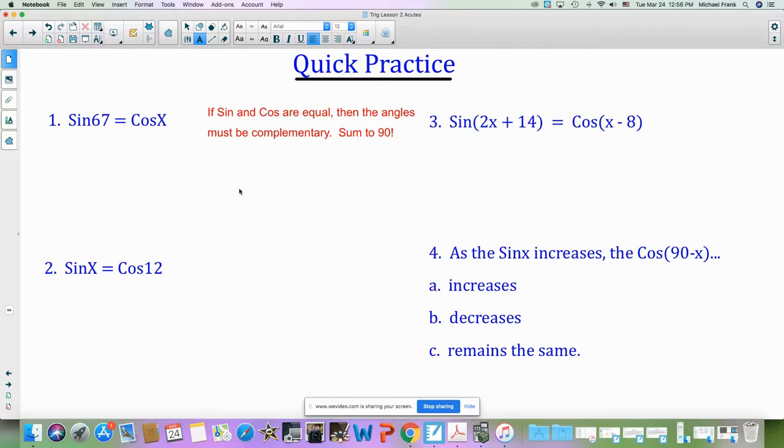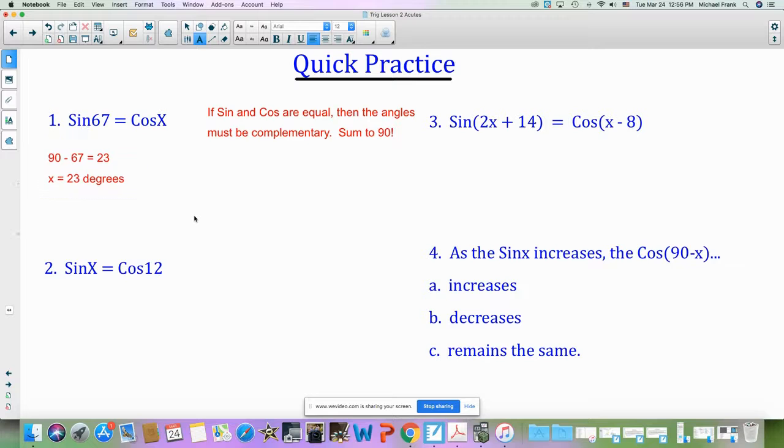All right, so if that's true, then we can come over here. This is very difficult to do on my home computer. We're just going to say, if those are equal, then we can take 90 and subtract 67, which will be equal to 23. So x is equal to 23 degrees.